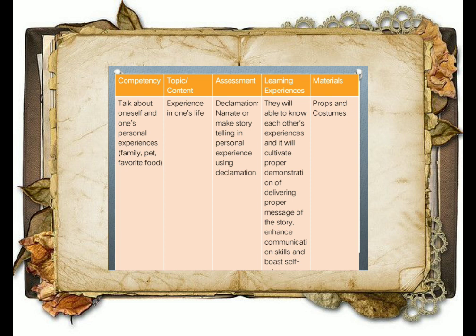For learning experience, they will be able to know each other's experiences and it will cultivate proper delivery of the message of the story, enhance communication skills and boost self-esteem. Lastly, the materials: props and costumes.